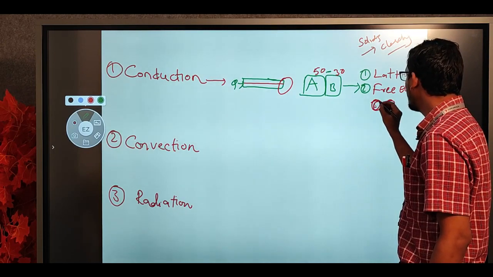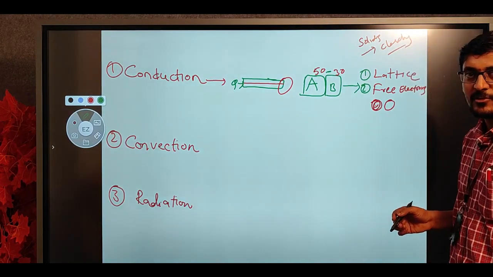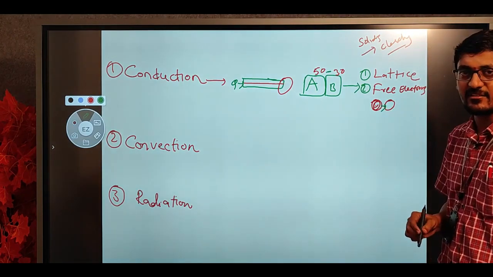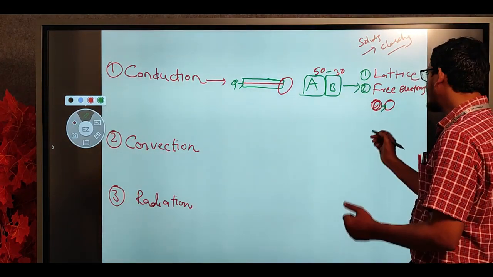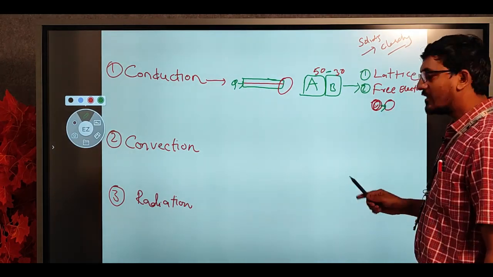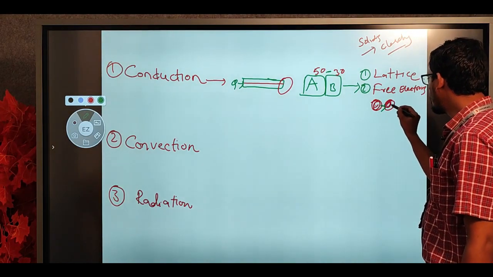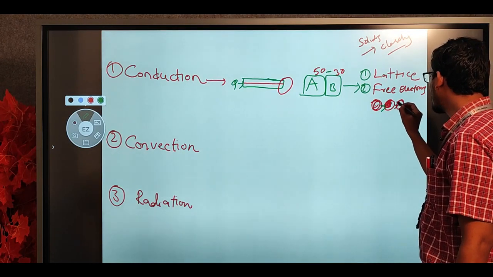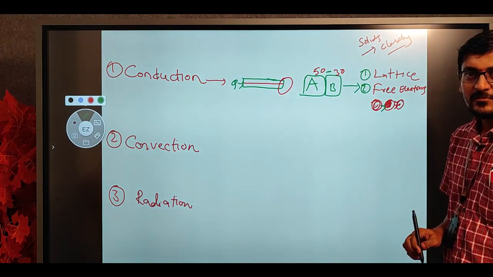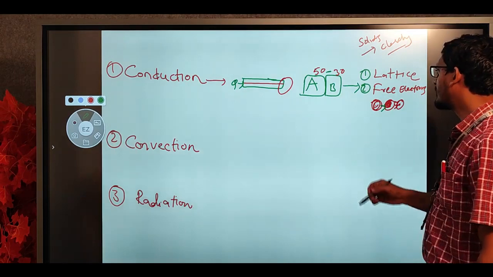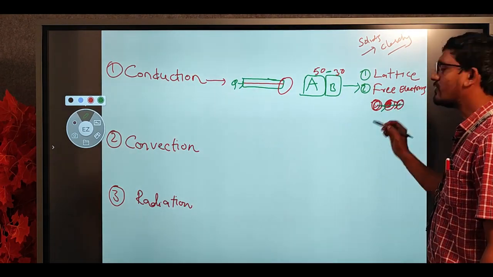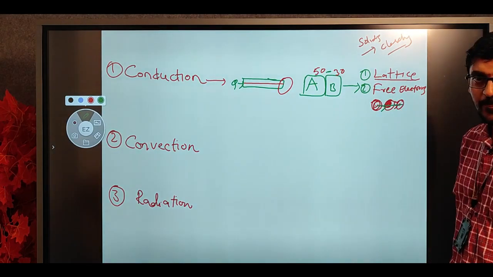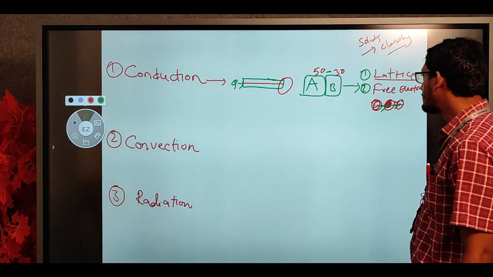This one has higher energy, so it transfers heat to this atom by colliding with each other, and this atom then absorbs some energy and the excess energy is given to the next atom. In this way the transfer of heat from one region to another is due to lattice vibrations, because this is a solid medium.